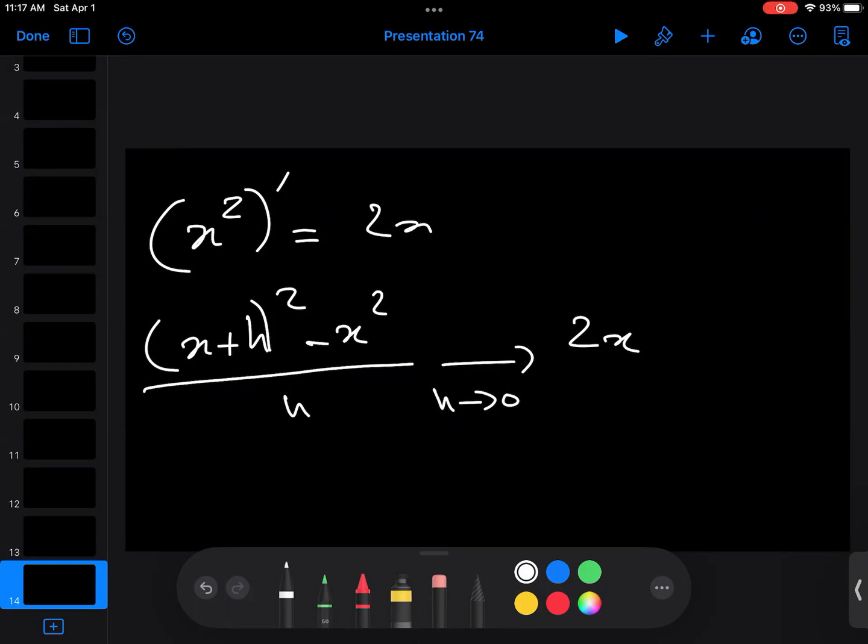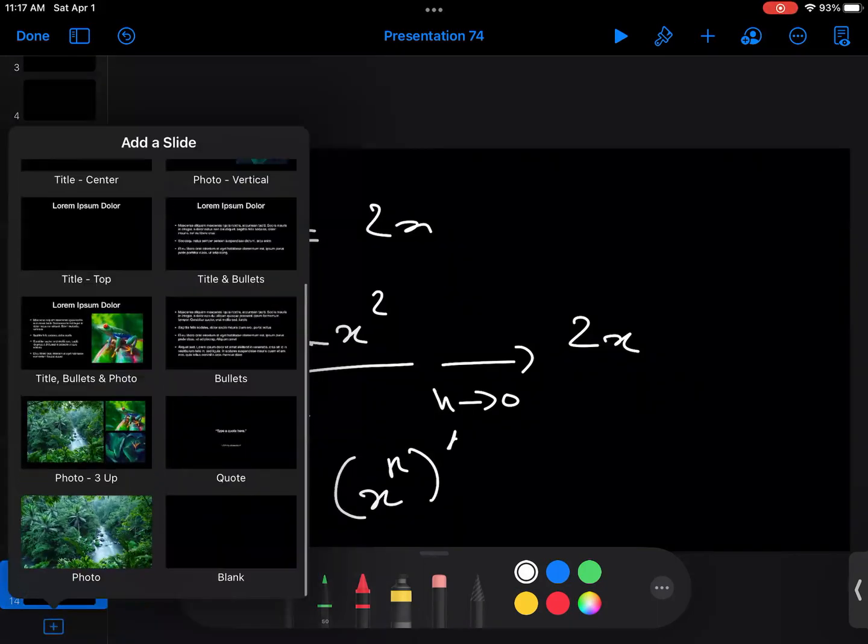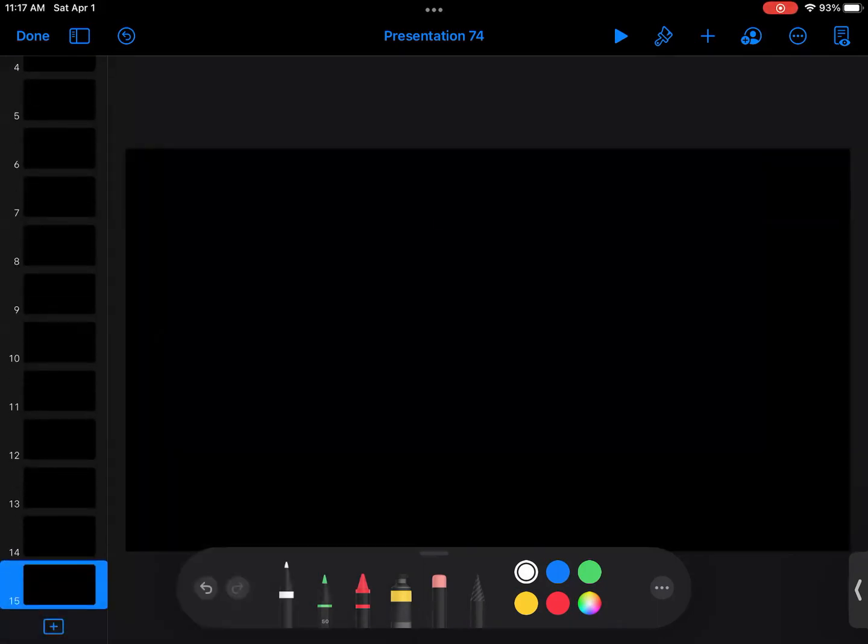And in fact, let n be any positive natural number. We can also compute the derivative of x to the power n. So this will be the last exercise for today. I want to compute the derivative of this function.